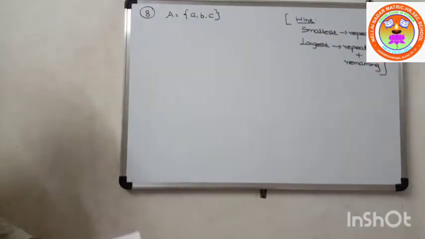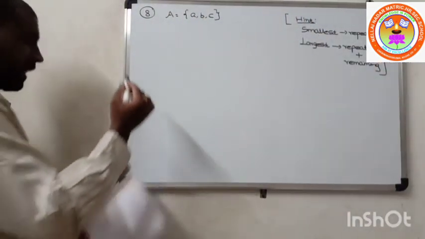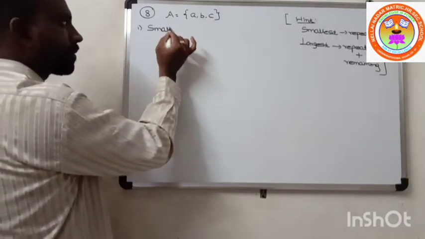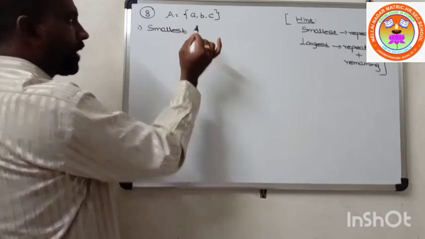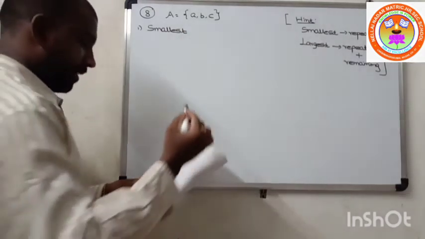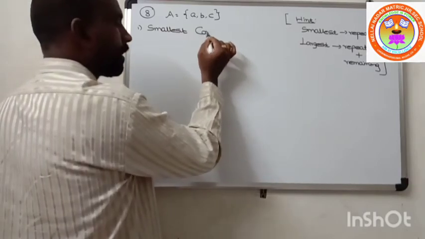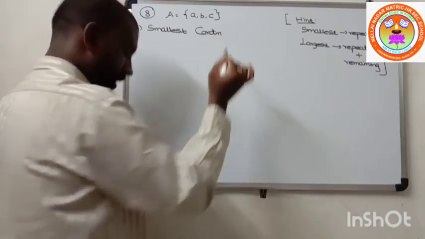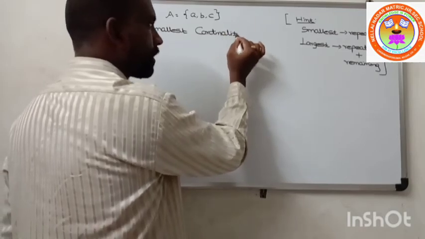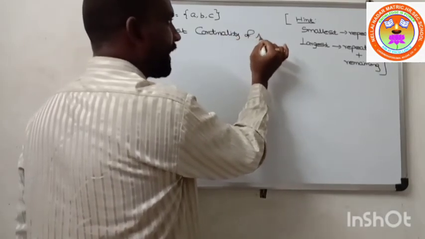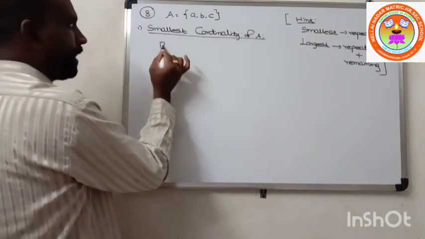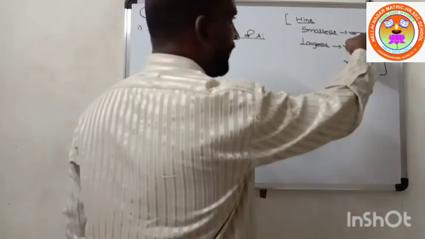A equal to A comma B comma C. First one, smallest cardinality of A. Smallest means repeated.